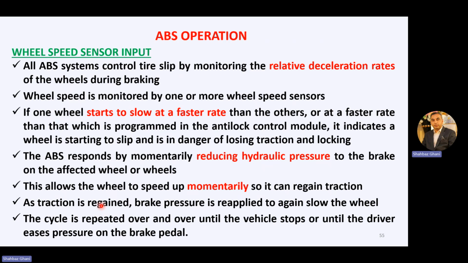As traction is regained, brake pressure is reapplied to again slow the vehicle. This cycle is repeated over and over until the vehicle stops or until the driver eases pressure on the brake pedal.